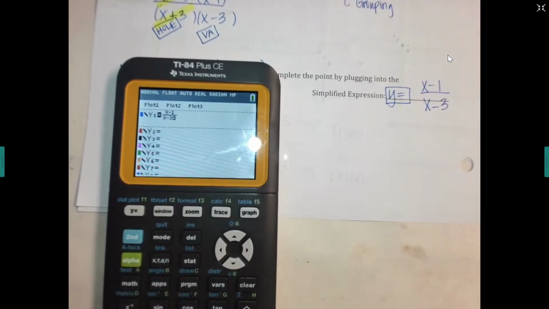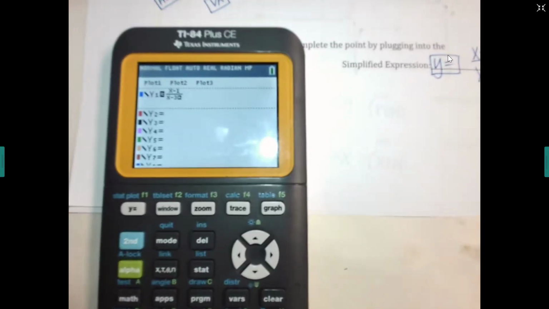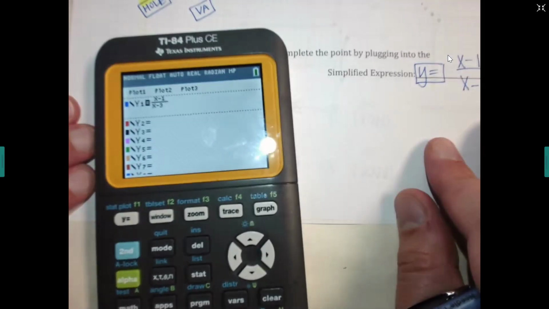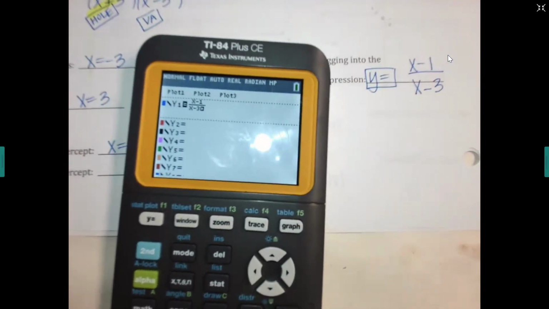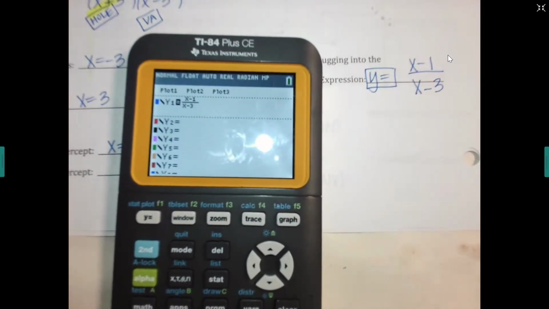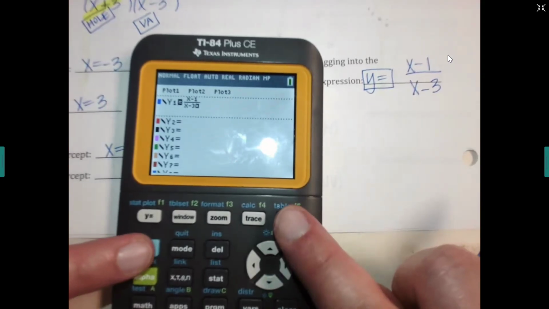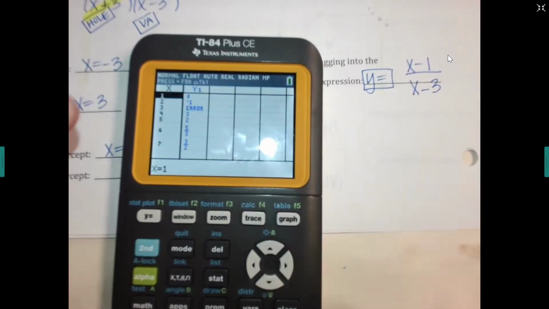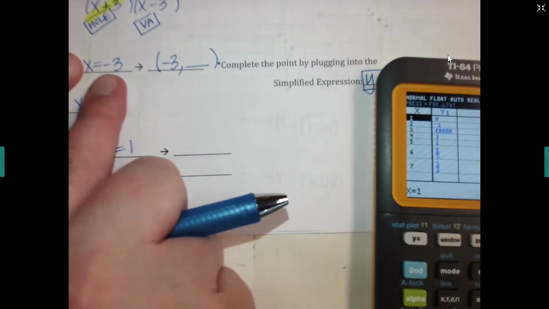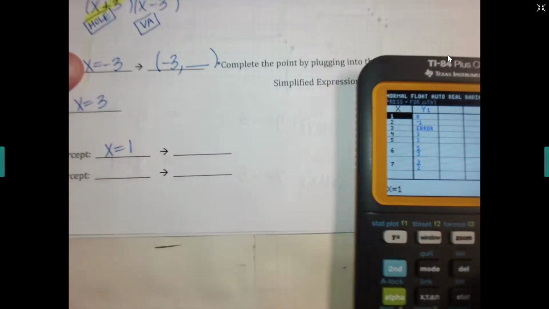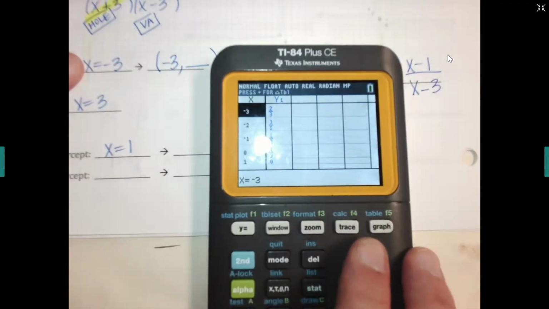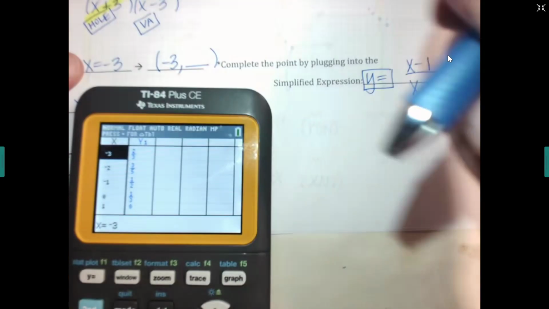Okay, once you have that, you're going to hit second graph, and you're going to look in the table and just find the partners. Okay, so it's an x minus 1 on top and x minus 3 on bottom. Everybody good? All right, here we go. Second graph. I'm looking for negative 3's partner in the chart. Okay, so negative 3 does go with 2/3.